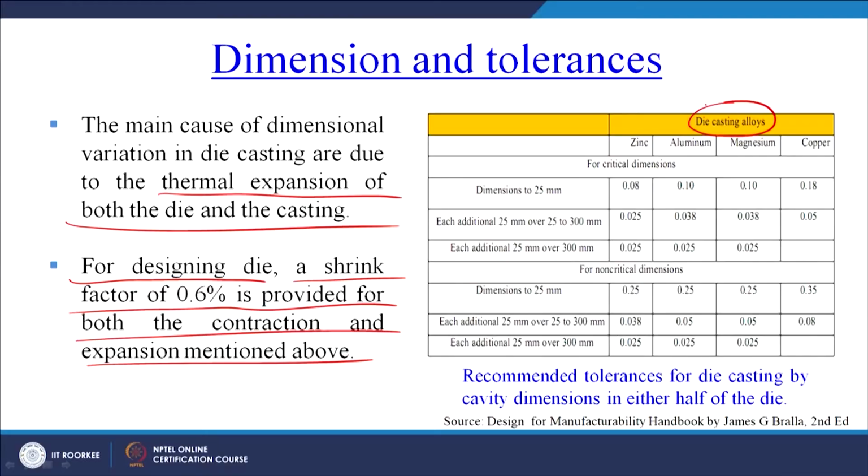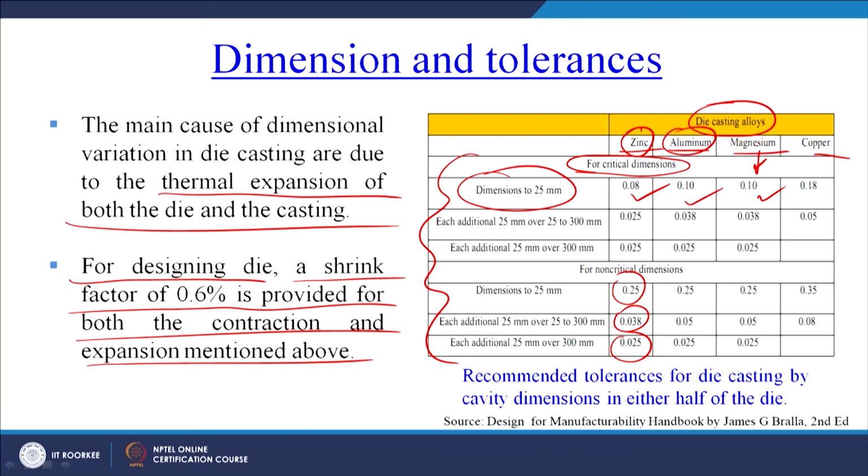For die casting alloys zinc, aluminum, magnesium and copper, with dimensions up to 25 millimeters, only for the critical dimensions do we need to provide tolerances. The tolerance values are given here: 0.08, 0.10 for magnesium, 0.10, and for non-critical dimensions again it is given what type of tolerance we can provide. Depending upon the size given here, as well as the alloy that we are using, we can choose our tolerance value.